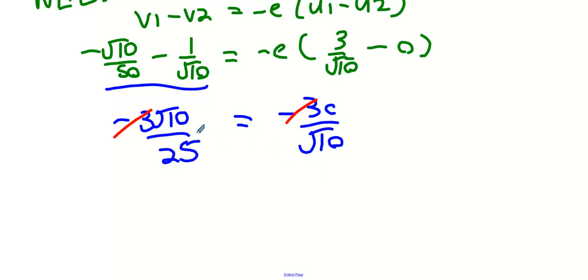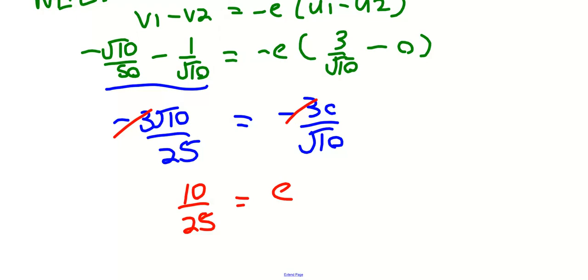Bring the root 10 up. I'm going to get 10 over 25. Is that right? Root 10 by root 10 is 10, and E. Who got an E value of 2 over 5? Is that the correct answer in the back? The lads are telling me the answer is 2 over 3.